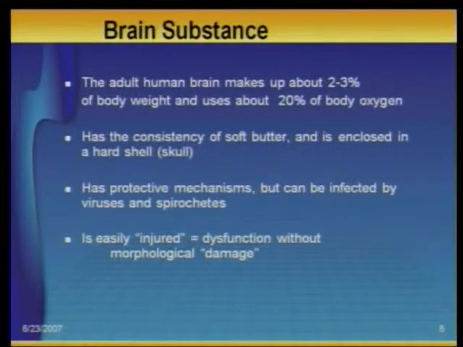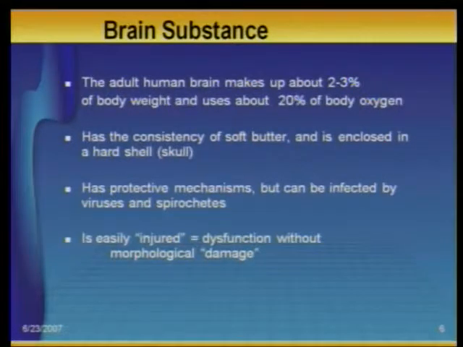Just to make you aware, we know that the brain is just 2 to 3% of your body weight, but it uses a lot of oxygen and blood flow. Most people don't know how soft the brain is. It's like soft butter, and it's inside a hard shell, and it's fairly easy to damage by accelerative injury.